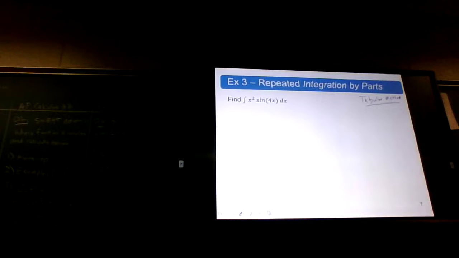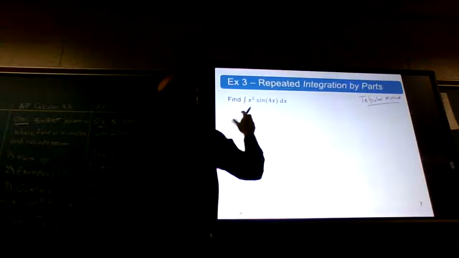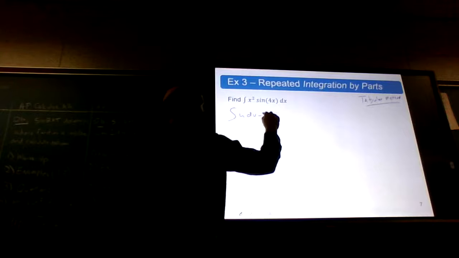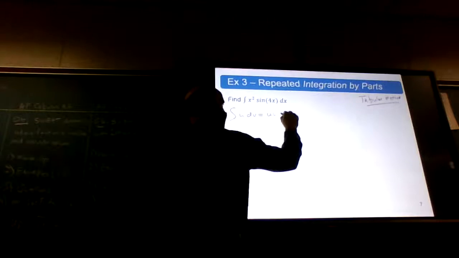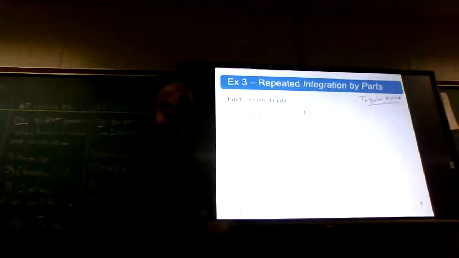So what we're going to do is integration by parts again. Can you guess what u is? Oh, actually, let's be good here. It's the integral of u dv equals uv minus the integral of v du. Agreed? Okay.